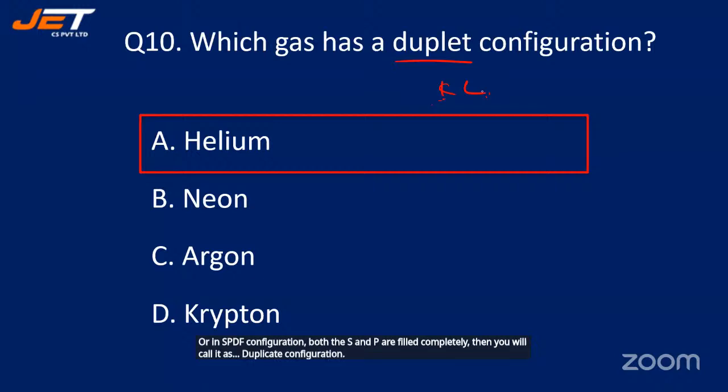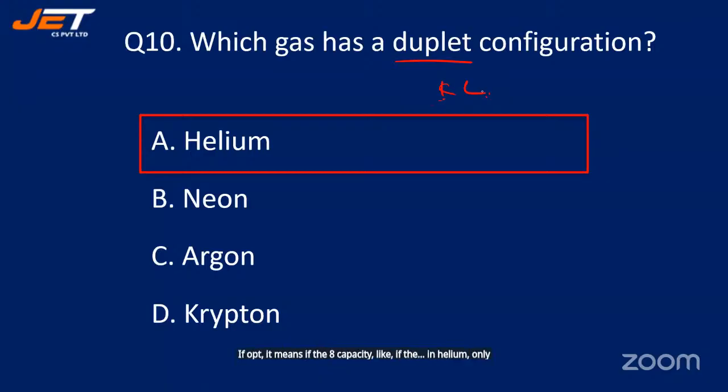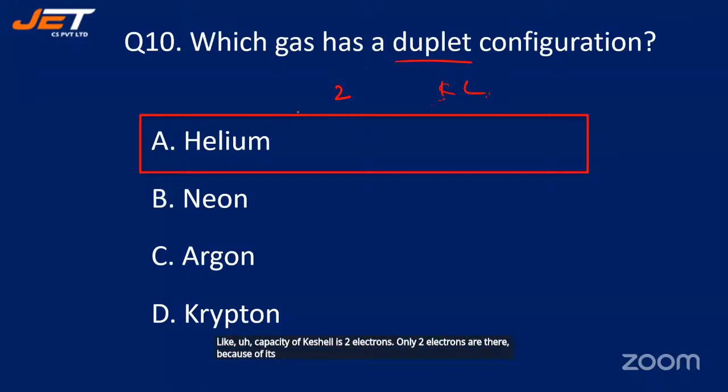In helium only the K shell is completely filled. The capacity of the K shell is 2 electrons. Only 2 electrons are there because its atomic number is 2 itself. So it is a duplet configuration.